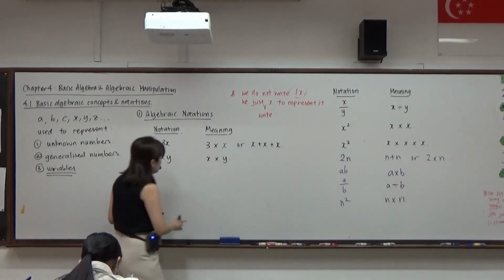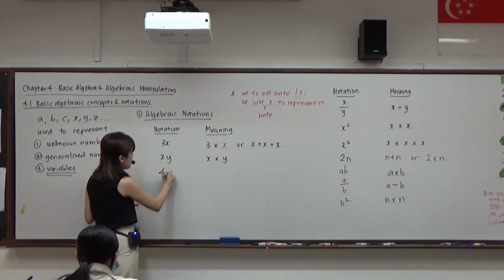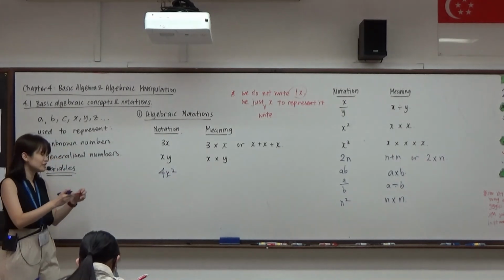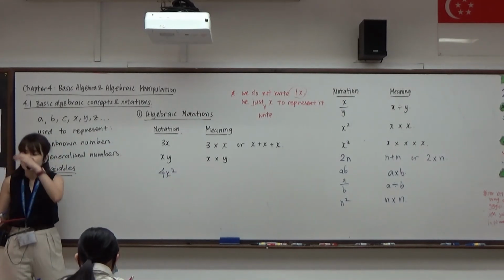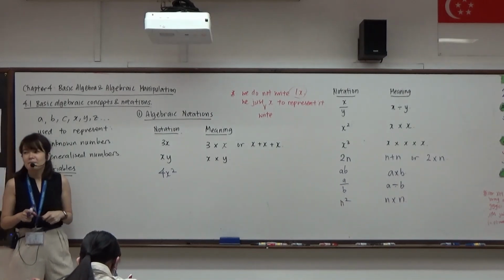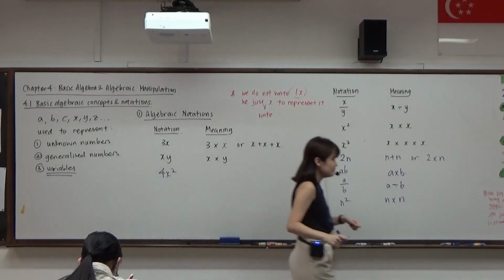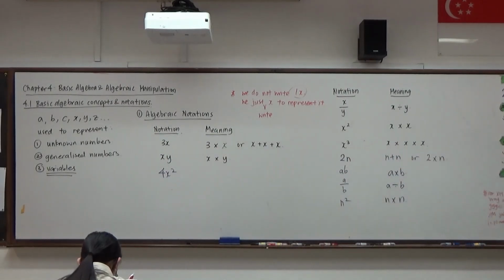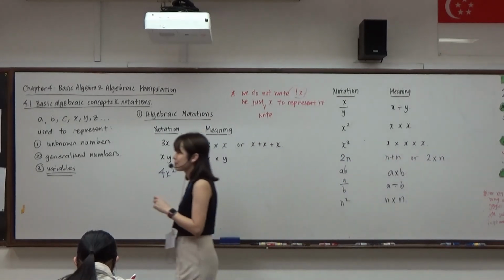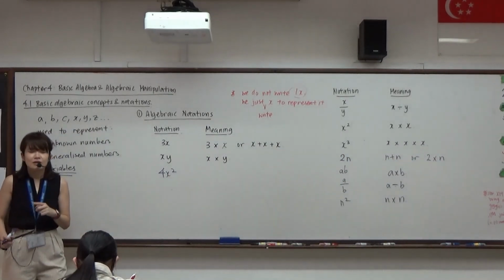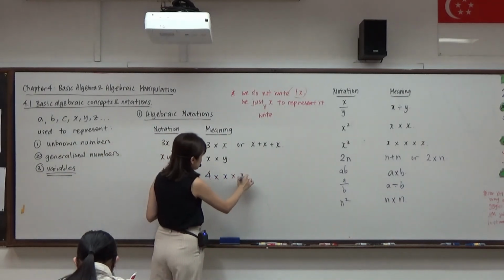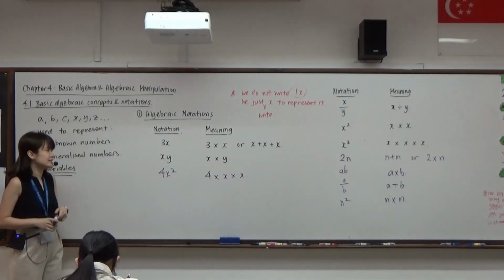What if I have 4x squared? Give it a try. What do you think 4x squared means? Joel says it is 4 times x times x. Let's see whether it's correct.